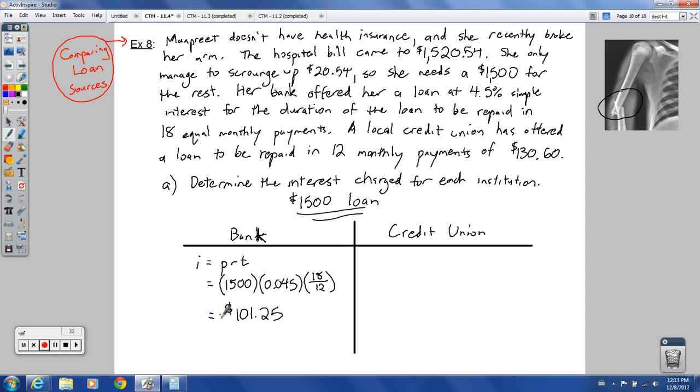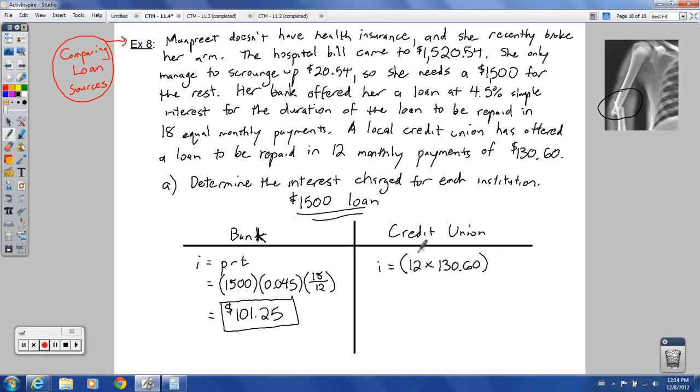So this is the interest they're going to charge for the course of that whole loan. And then over here, we can figure out the interest by taking the 12 months times the $130.60. This is the monthly payment times the 12 months that you're going to pay it over.